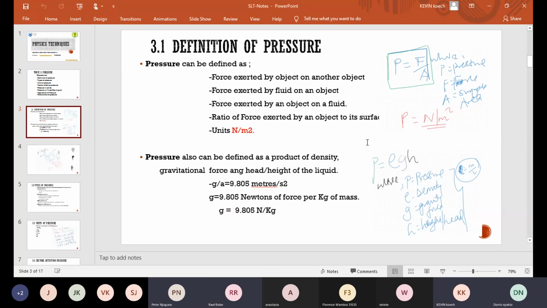Okay, force exerted in a given area. Yeah, it may work. But you missed some key things, like where the force is coming from.